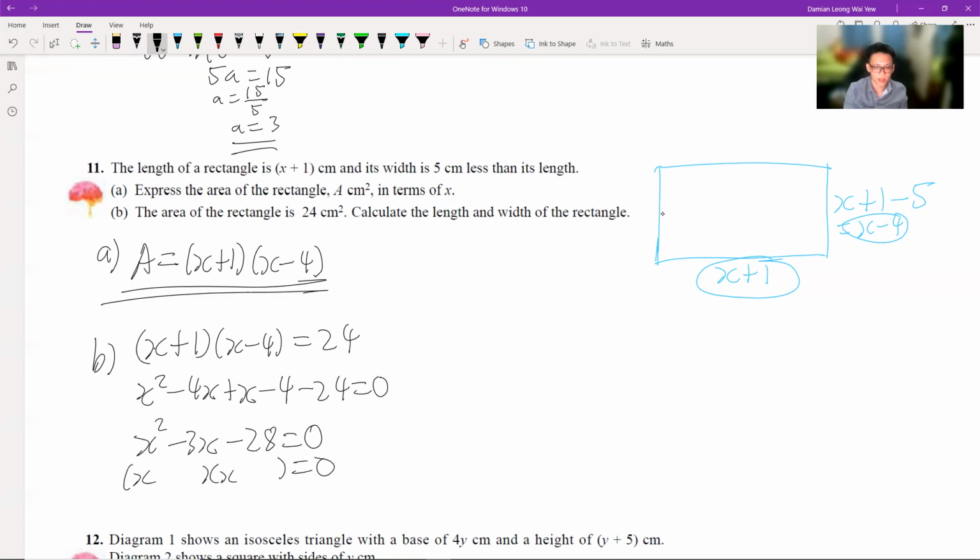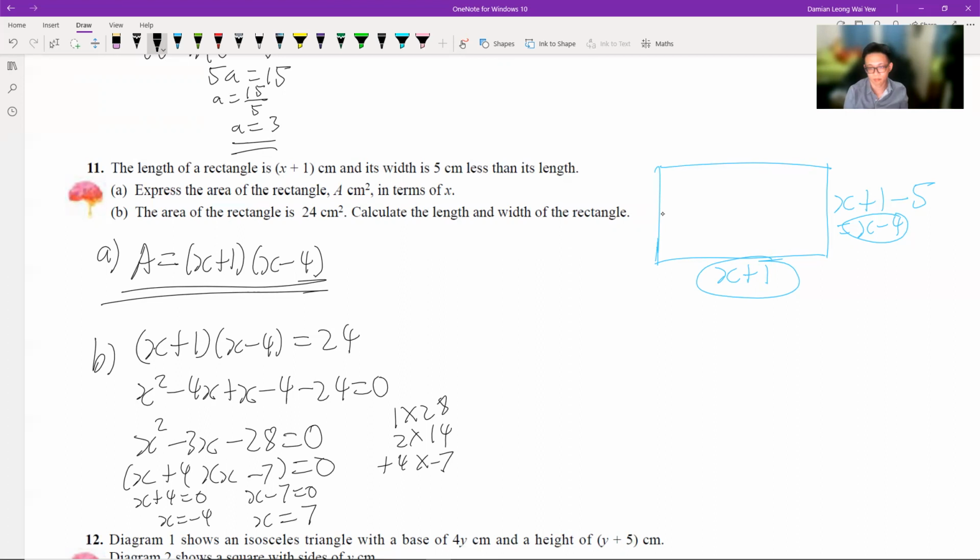Yeah, no number in front of x squared, so x, x. Factors of 28. 1 times 28, 2 times 14, 4 times 7. To get minus 3, minus 7 plus 4. Plus 4 minus 7. So it's either x plus 4 is 0, x is negative 4, or x minus 7 is 0, x is 7.